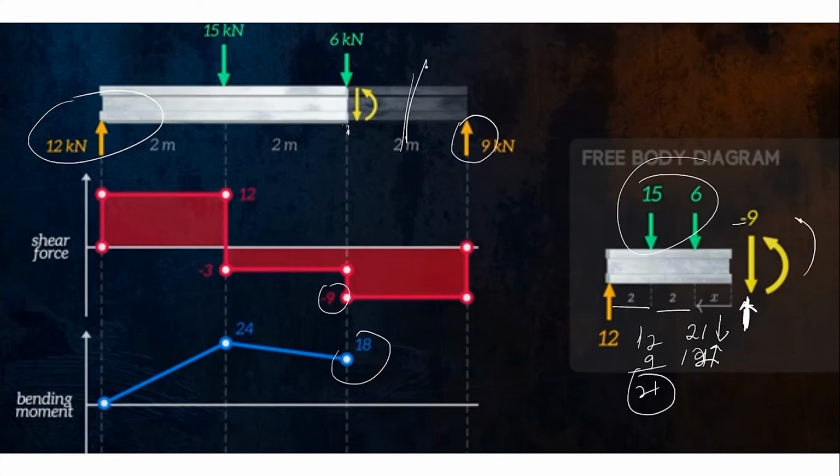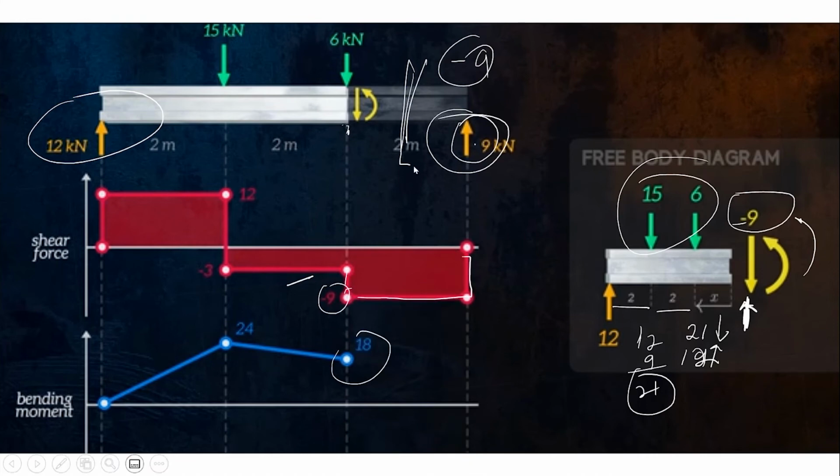So, nasa right side na siya, so i-counteract siya ng negative 9 na kilonewton. Ito yon, negative 9 na going down, para ma-counteract niya itong force na nasa right when you cut it here. So, itong negative 9 na sobra na to, residual, i-straight mo lang para makabuo ka.